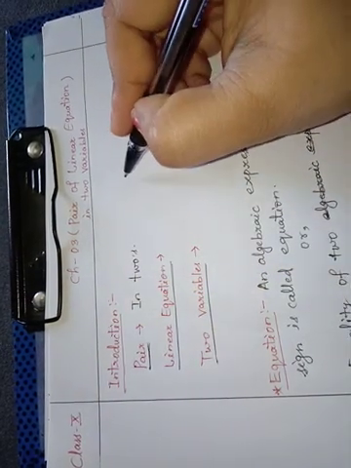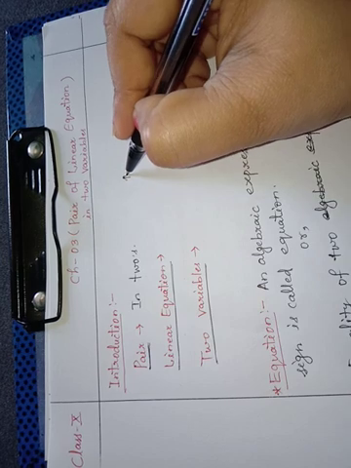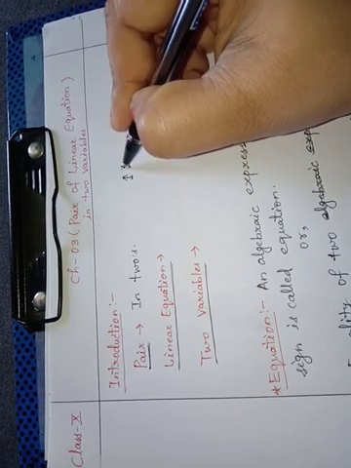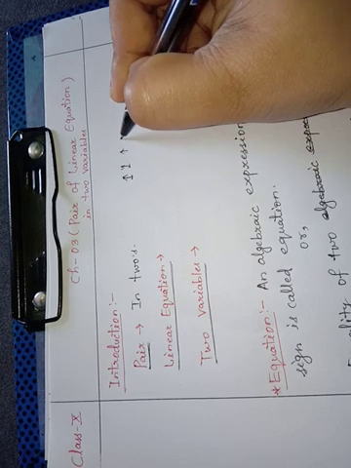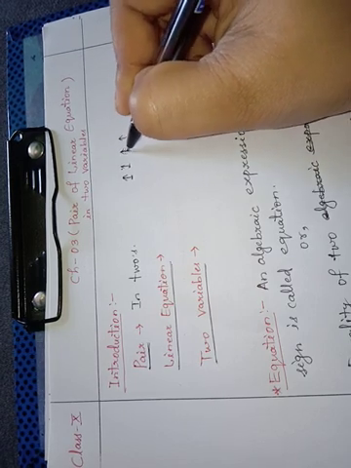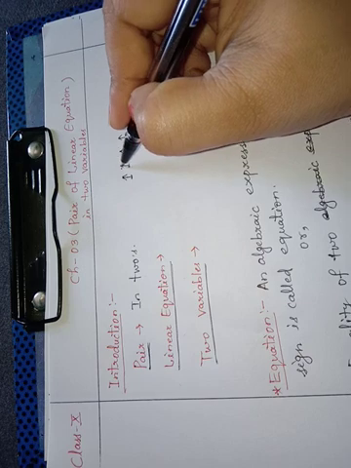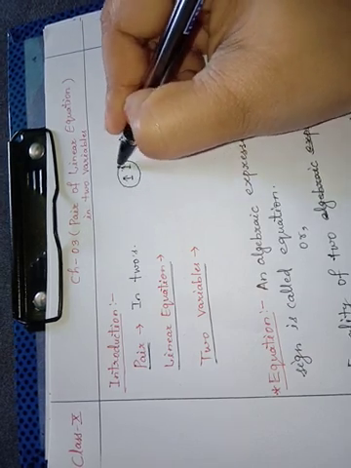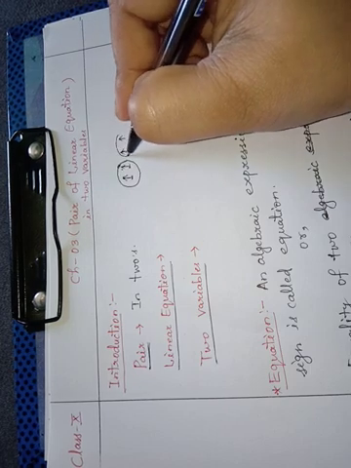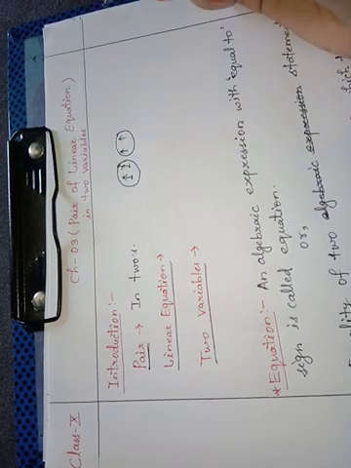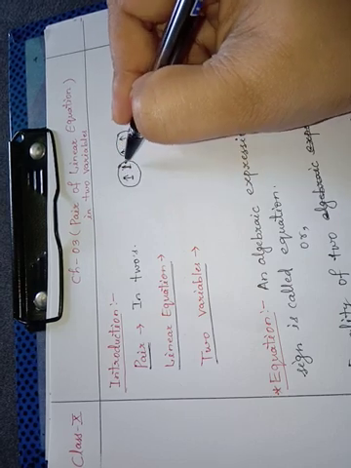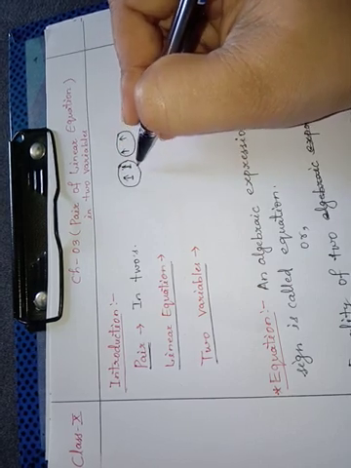Suppose that this is 1, 2, 3, 4, and we have to make pair. That time what will we do? This one is first pair and this one is second pair. So pair means when we take anything in twos, we know that this is pair.